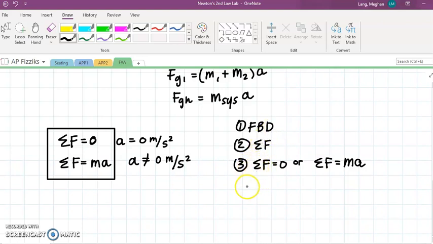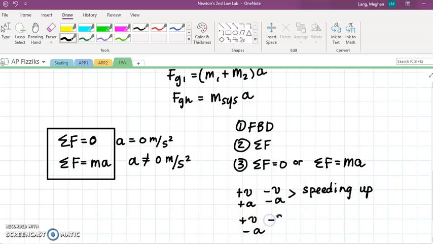Don't forget that when you have a positive velocity and a positive acceleration, or a negative velocity and a negative acceleration, you are speeding up. Or when you have a positive velocity and a negative acceleration, or a negative velocity and a positive acceleration, you are slowing down.